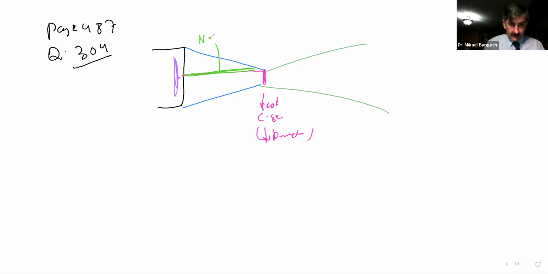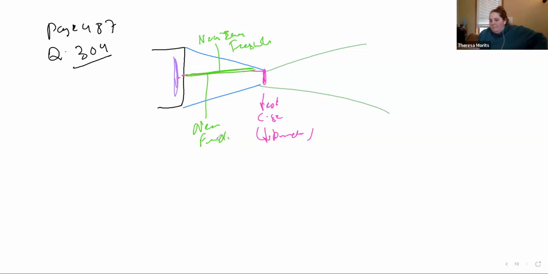This is known as the near zone. We can also say it is called the Fresnel zone, or the near field. Did that make sense?